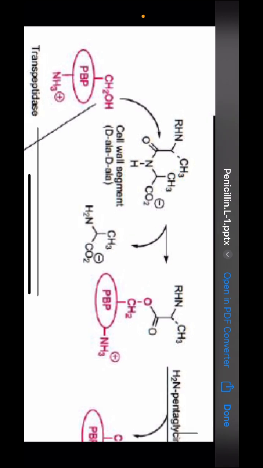In gram-positive bacteria, the cell wall is made of cross-linking between N-acetylglucosamine and N-acetylmuramic acid. Here you can see the penicillin binding protein, the transpeptidase, adds one unit of alanine. Slowly, by a simple cross-linking process, the cell wall structure is formed.